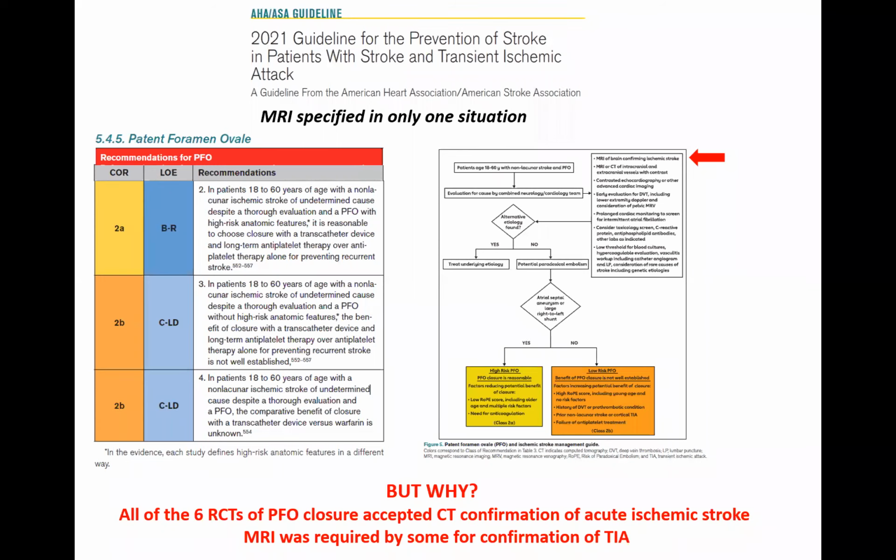And that doesn't even make any sense because it's in this table of what we should do evaluating somebody for PFO closure. And they specify you should get an MRI. But if you look at the PFO closure trials, they didn't require MRI. So why they decided to do that, I'm not quite sure, but that's the only place in this entire guideline that they actually specified.